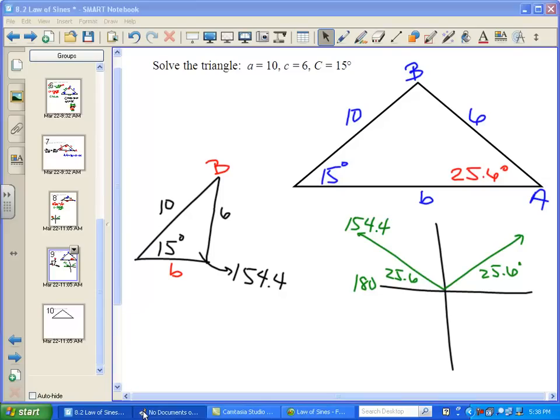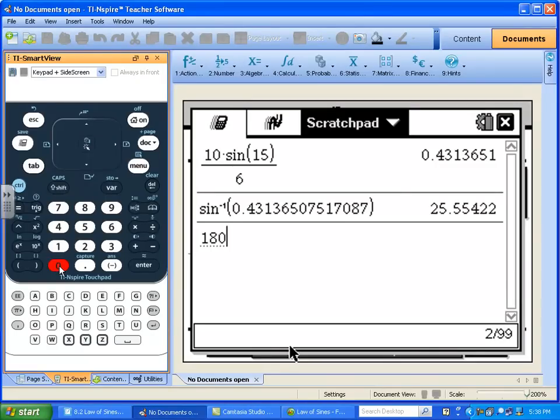What would that angle B be in this second triangle? It's going to be 180, take away 15, take away 154.4.